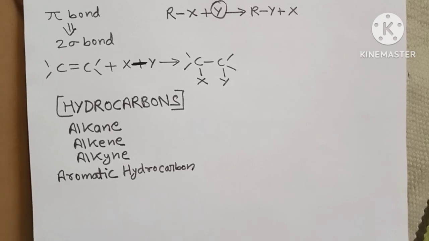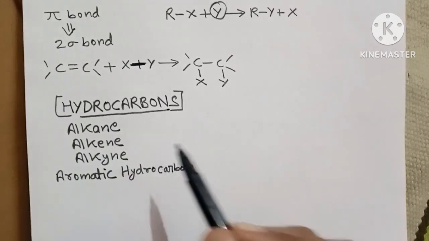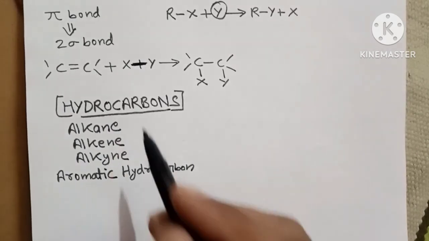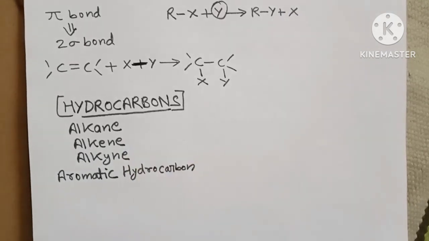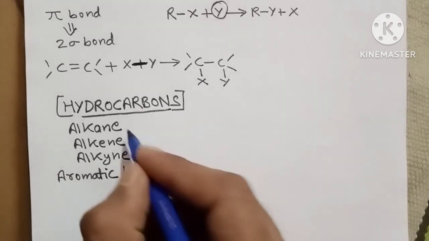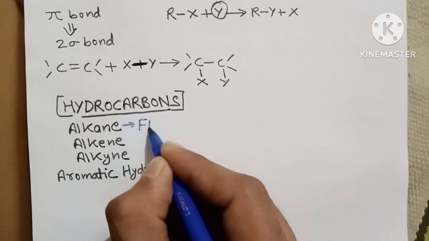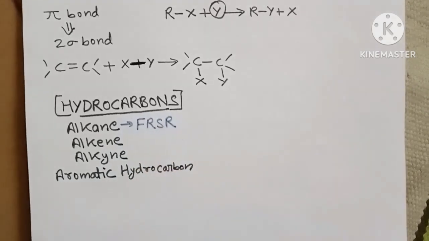So we have to see hydrocarbons, and in hydrocarbons we have to go through alkane, alkene, and alkyne. In the case of alkane, we see the mechanism FRSR, free radical substitution reaction.